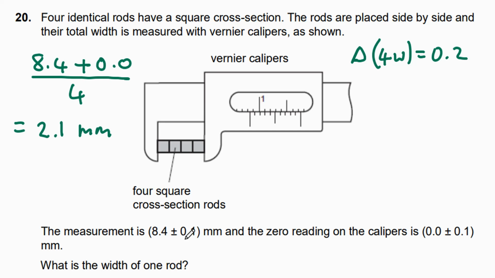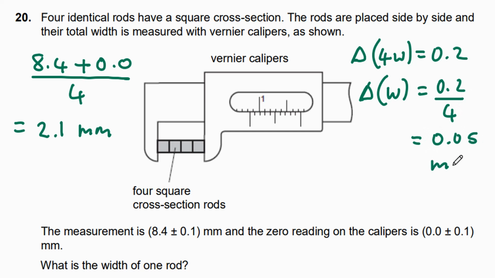So we also have to add the absolute uncertainties, and that comes to 0.2. This is the absolute uncertainty of 4 widths, of 4 rods. So the absolute uncertainty then of one width will be 0.2 divided by 4. And this is 0.05 millimeters.